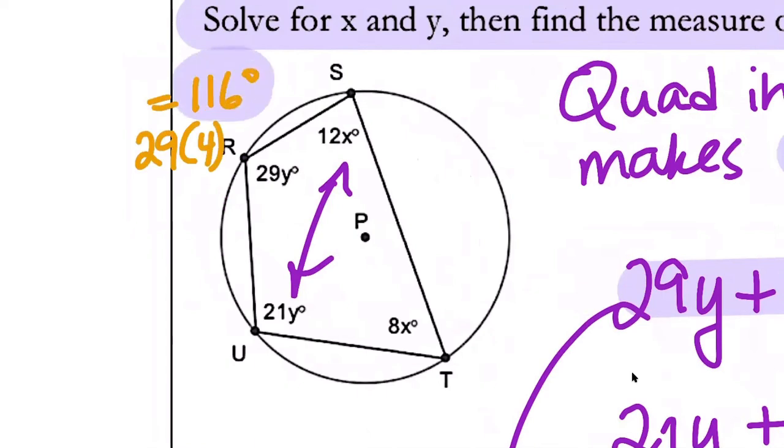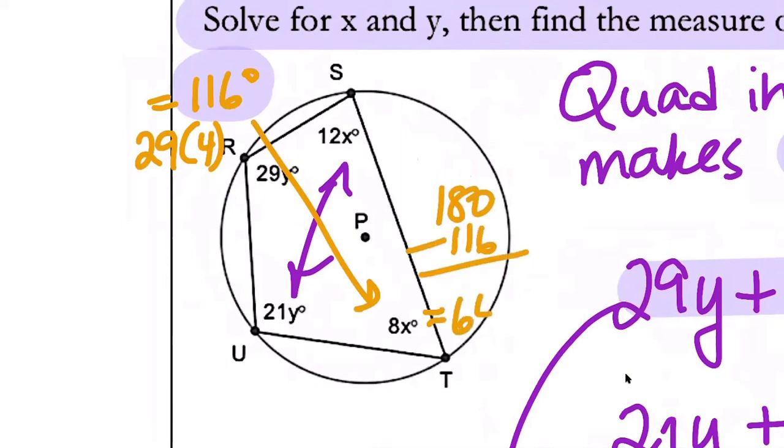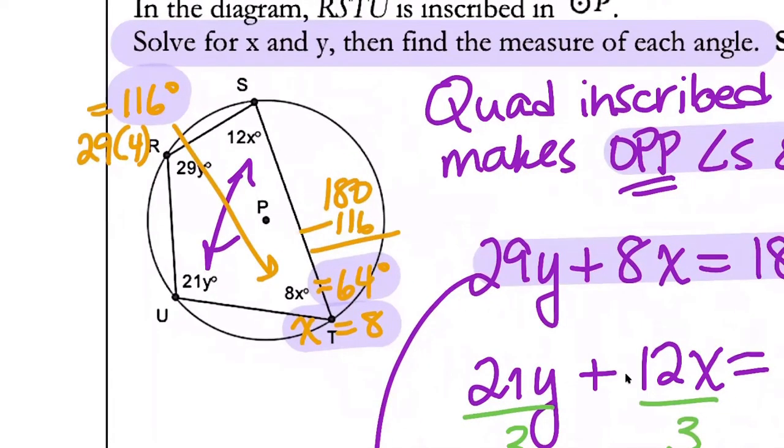If that's 116, this opposite angle here has to equal 180 minus 116 because they're supplementary. So that's 64, and that means x is 8. So we needed the value of the variable and also the angle measure. Now we can just plug in.